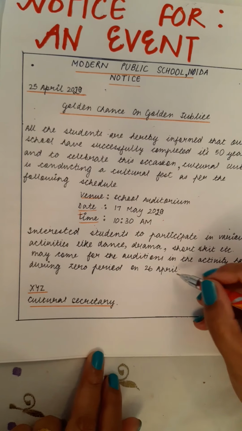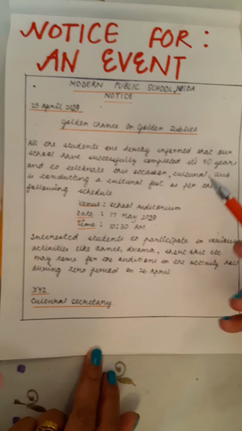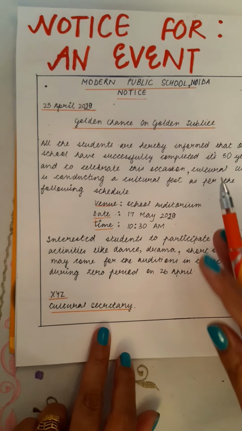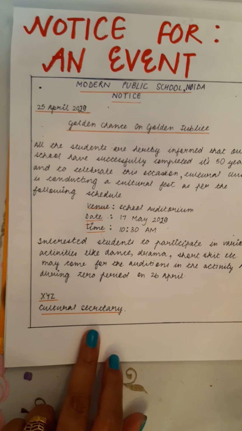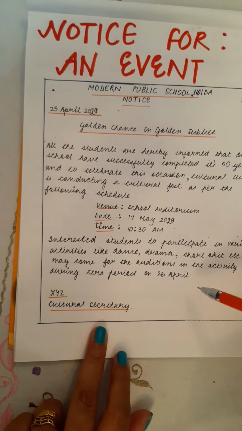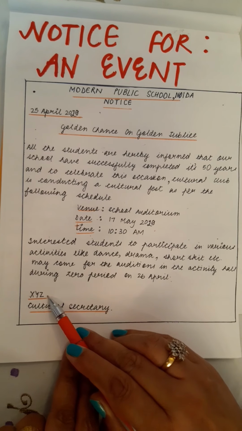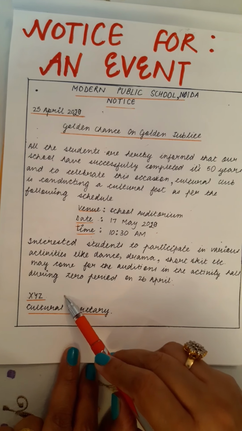So this is all about the notice that this cultural secretary is asking students to participate in the event which is being organized for celebrating Golden Jubilee. After finishing all this content, I have written the name. If the name is not given, you may write XYZ.